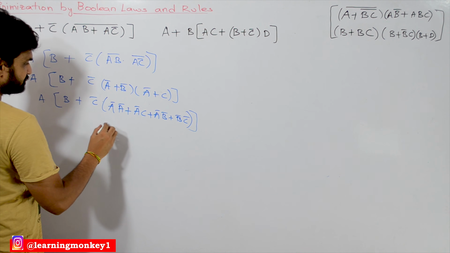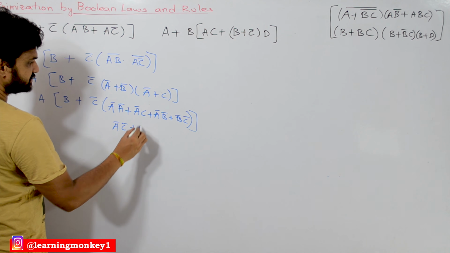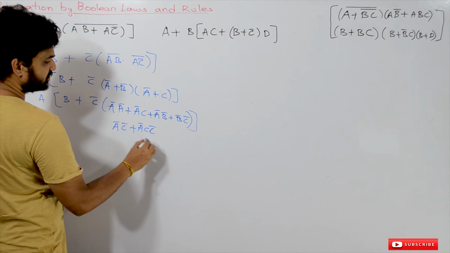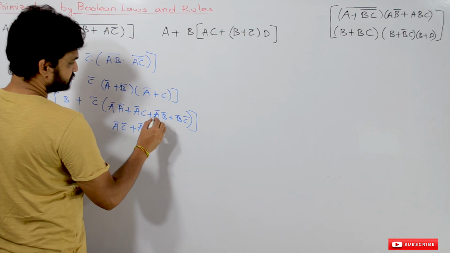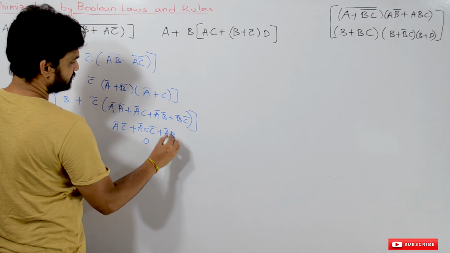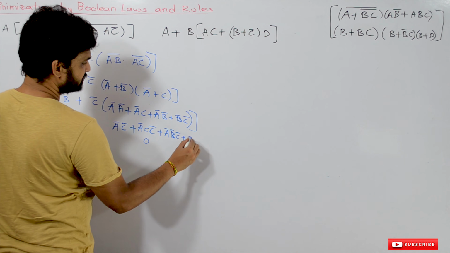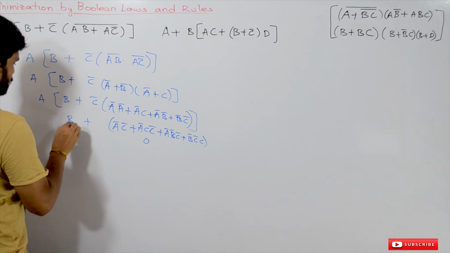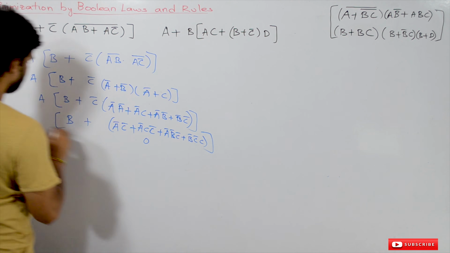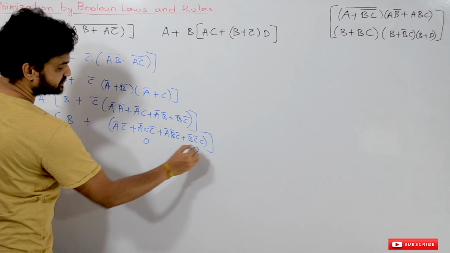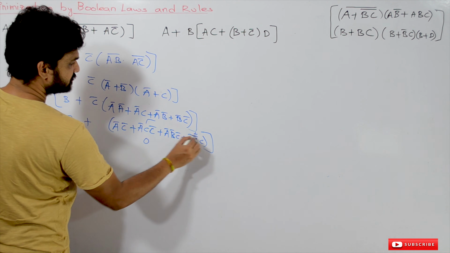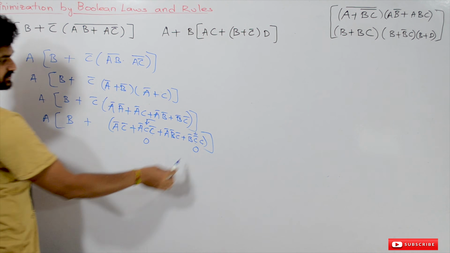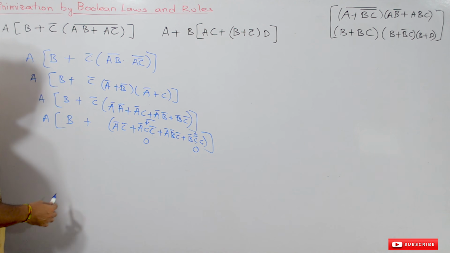So this is going to be A complement C complement, and A complement C complement C is going to be 0. So it is A complement B complement C complement plus B complement C complement C after expansion. And these two are zeros. This one and this one become 0 because C complement C is going to be 0. Product with 0 is going to be 0.